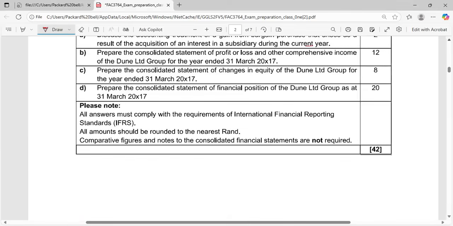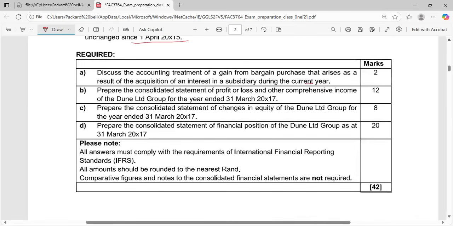Then let's look at B. B says prepare the consolidated statement of profit or loss and other comprehensive income of the June Limited Group. We want the consolidated statement of profit or loss and other comprehensive income.